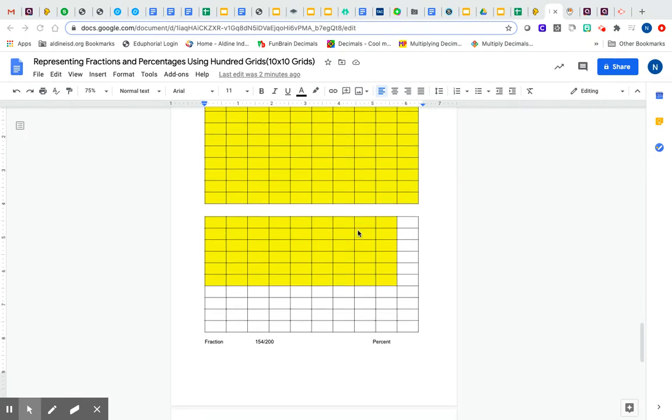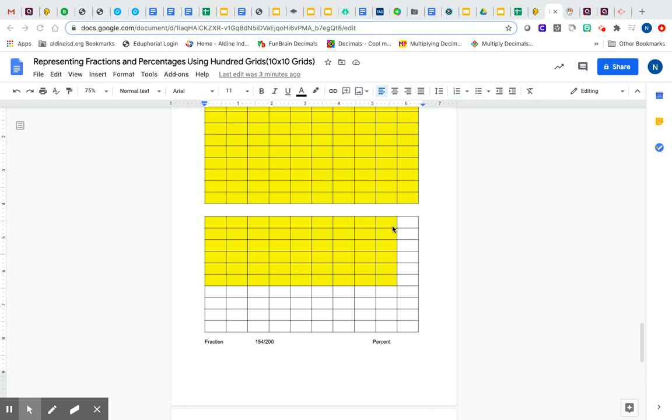So I need to go down at the second part of my model, and I see that I have 1, 2, 3, 4, 5, 6, 7, 8, 9, 10, up to 54.